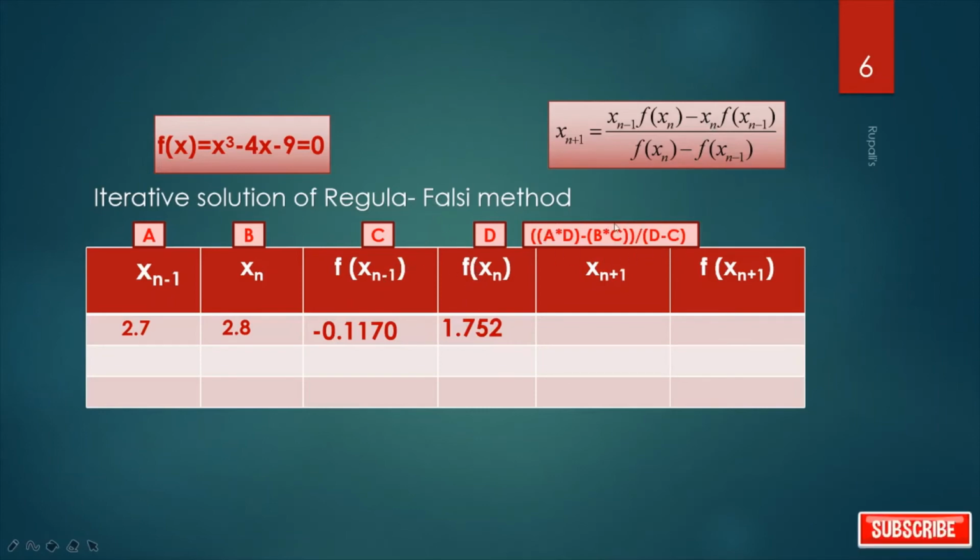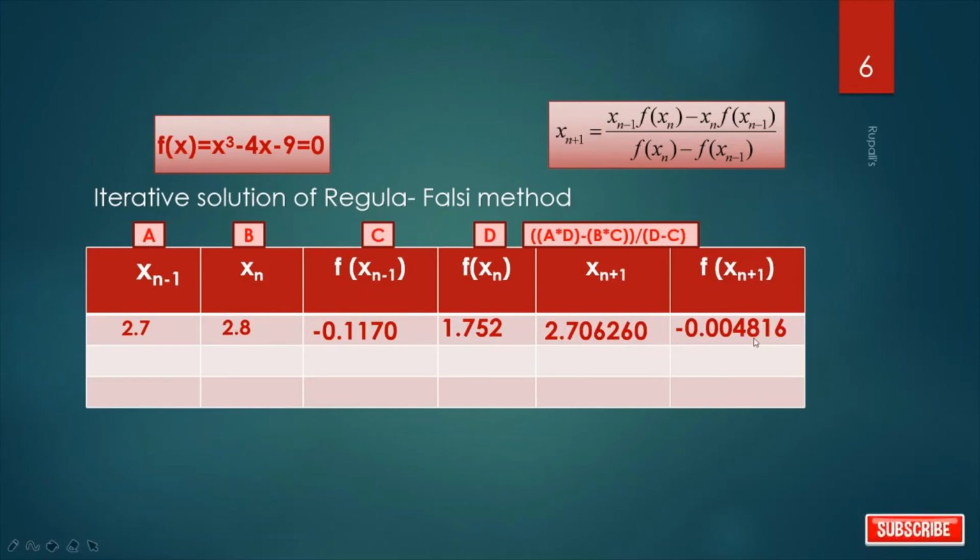In this way, you have to write this equation and I get the result. So what is the value of f(xn plus 1)? It is negative. If the value is negative, then the root lies between 2.706260 to 2.8. So I have to change it accordingly.